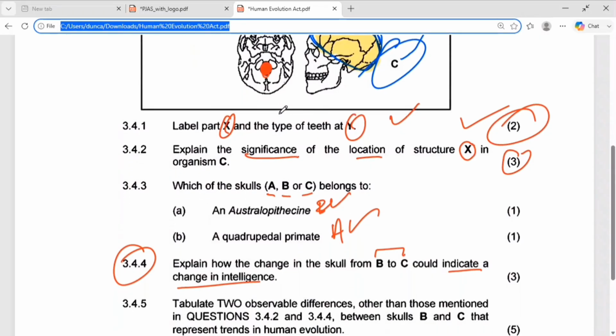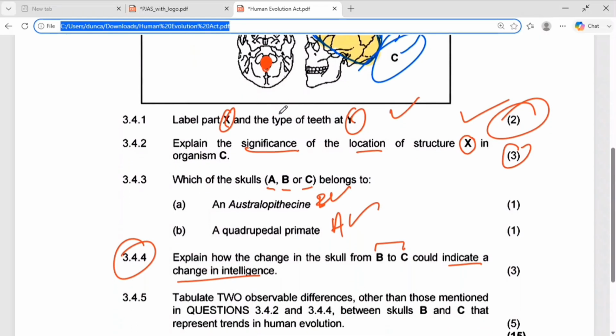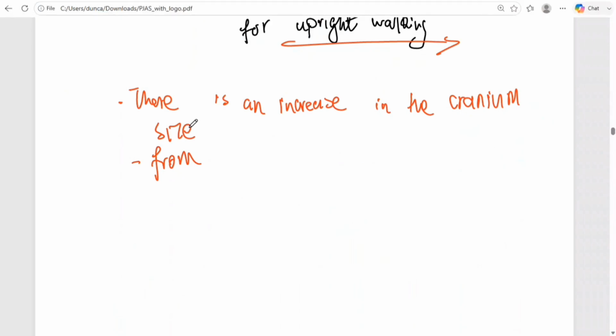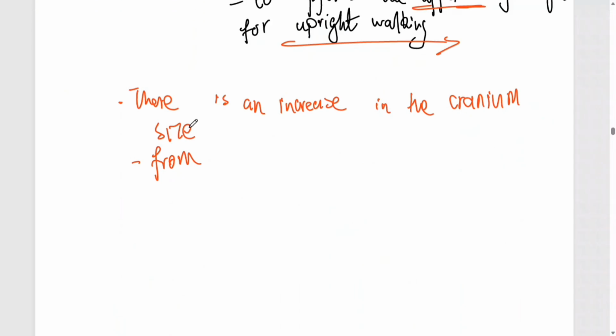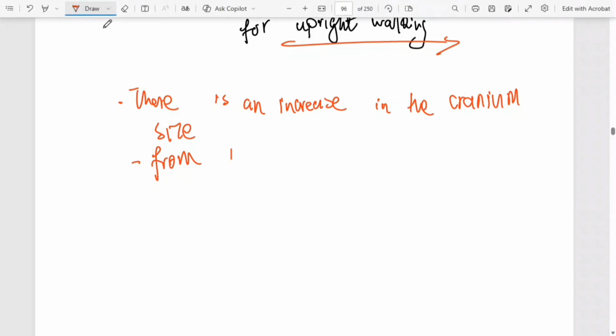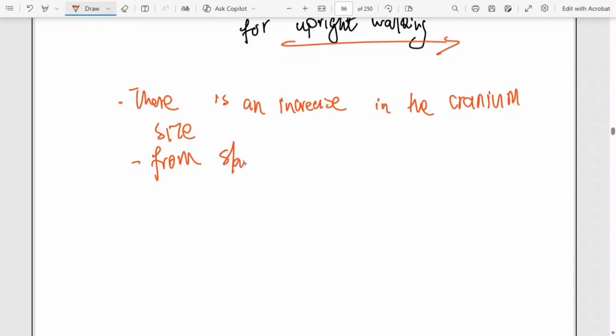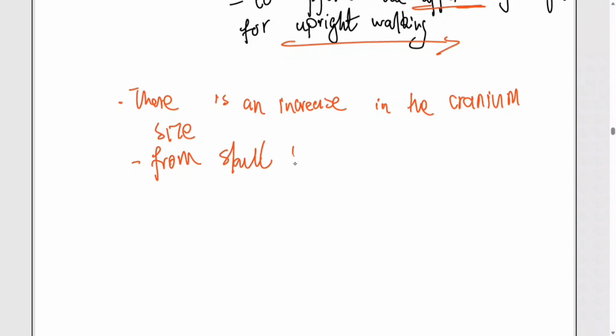So it means that now in skull B to C, there is an increase in the cranium size from skull B to C.